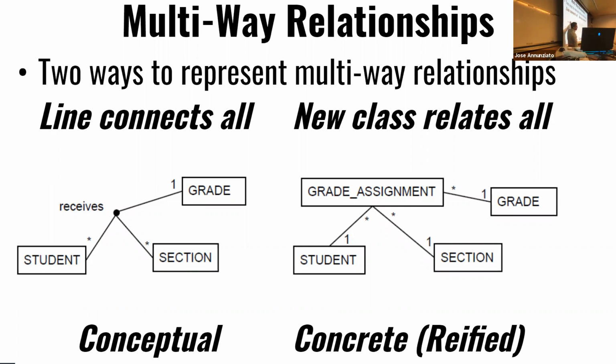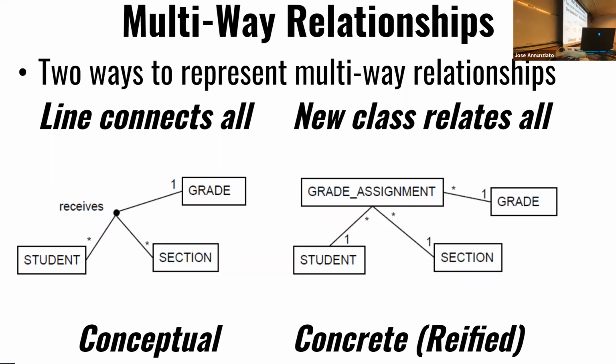We need to reify this and convert it into something equivalent that we can implement in SQL. So what we're going to do is replace this three-way relationship with an additional class, an additional class that is going to have foreign keys that point to the student, point to the section, and point to the grade. And so now this we can implement.